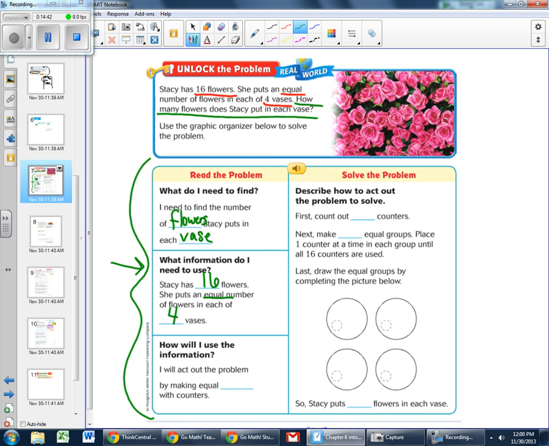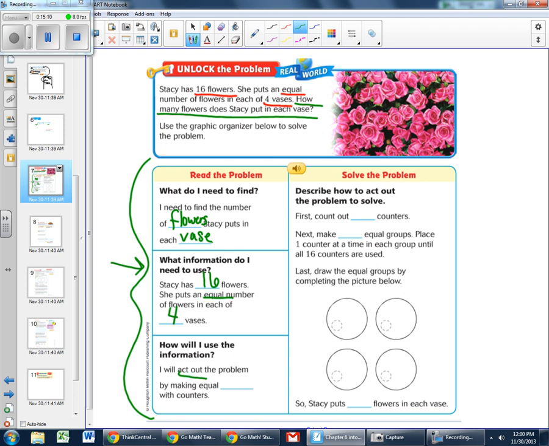How will I use this information? It wants us to work on, I will act out the problem. Acting out doesn't necessarily mean you're going to go get 16 flowers and 4 vases, but you are going to make a visual for yourself to be able to do those. And what they want you to do is to use counters today. So by your computer, you will see a baggie of counters, and you are welcome to use those as you solve these.